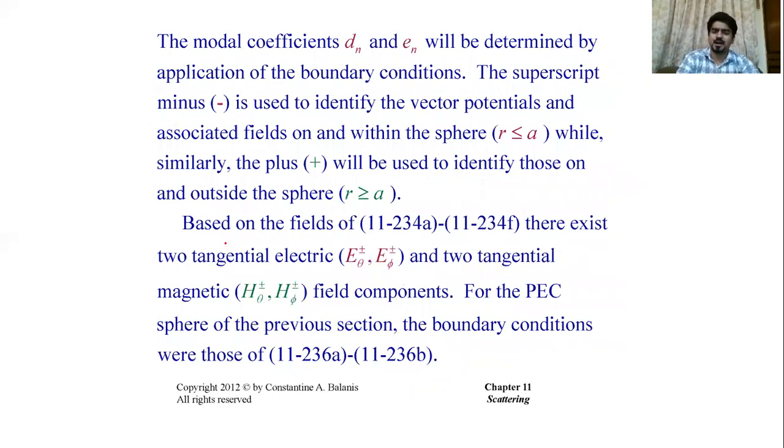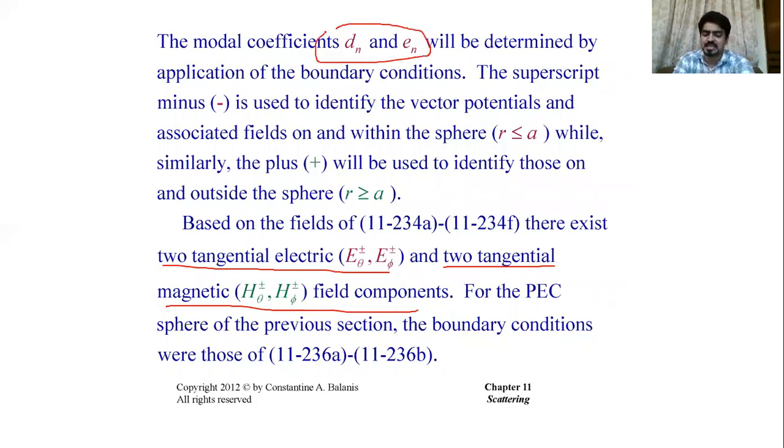Again, we can follow the same conditions that at r equals a, the tangential components of the E field and the tangential components of the magnetic field, we can apply those boundary conditions on those components and, using the continuity condition, find the unknown coefficients Dn and En.